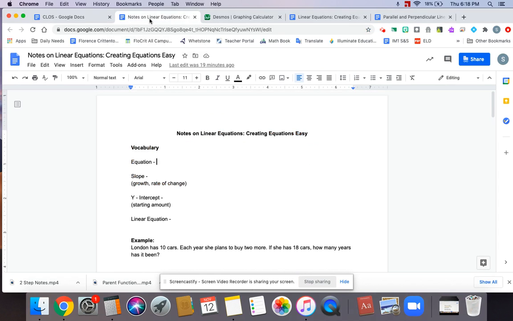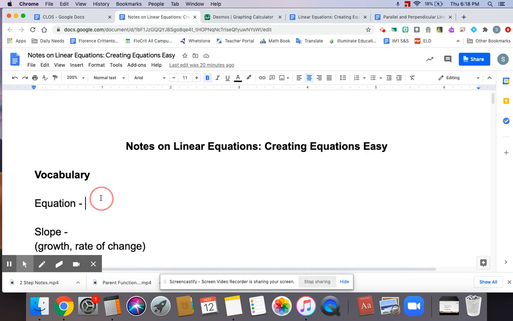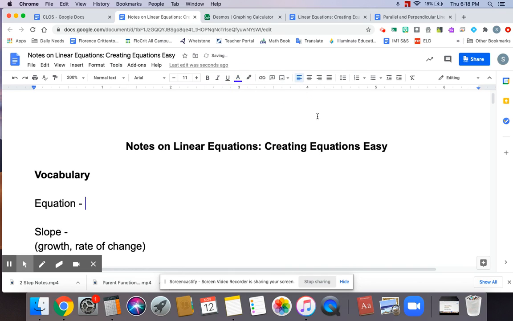So if we begin with the vocabulary, we're going to be creating equations. And remember, in math, equations are a list of numbers and operations that show how the input gets affected to create the output.